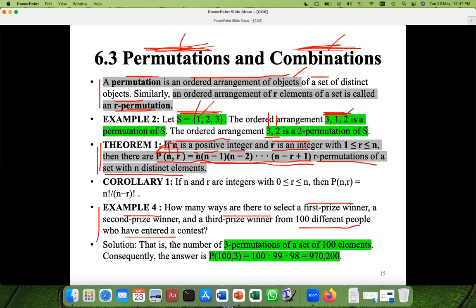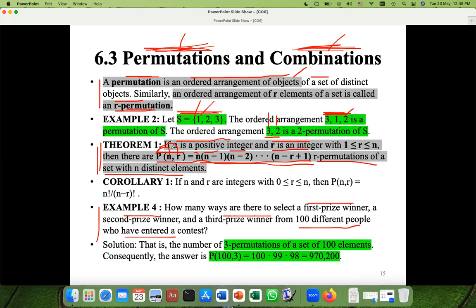These 100 people have entered some competition, and you want to calculate how many different ways there are to select the first, second, and third winners from these 100 people.